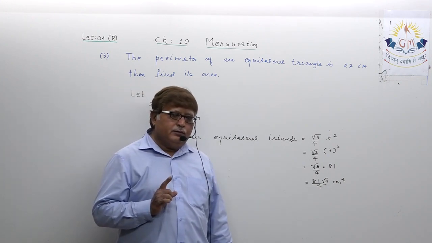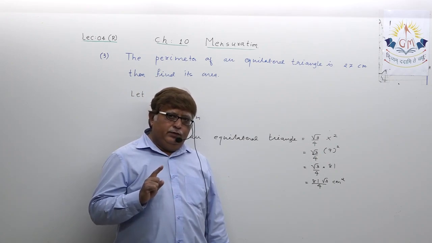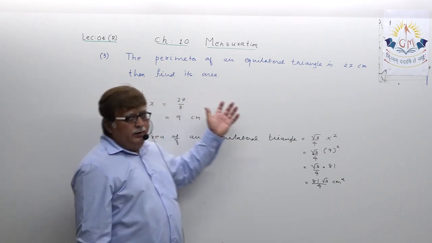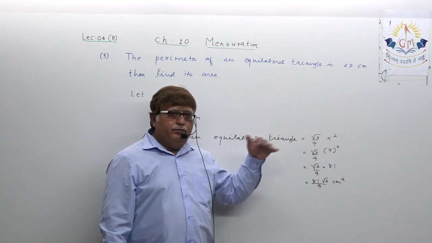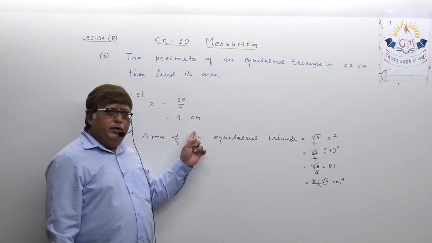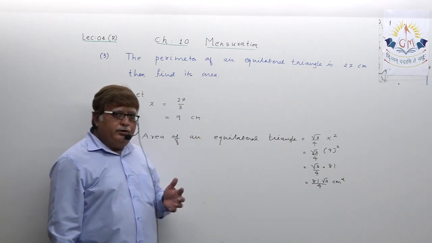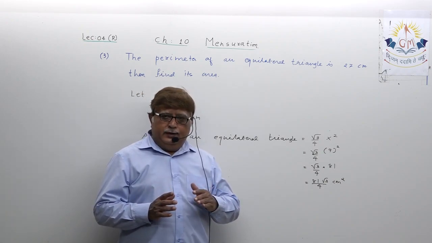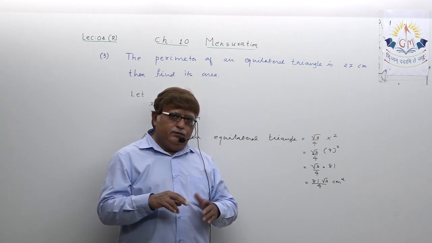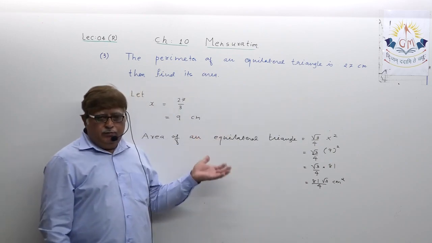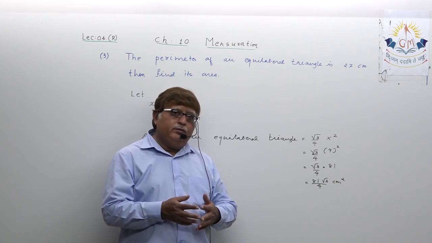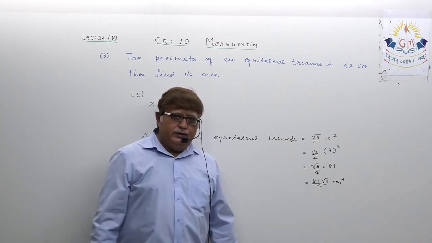After understanding the area of an equilateral triangle, how to find perimeter when area was given, and area when perimeter was given. So you need to concentrate and be alert in both types of example. How to find area from perimeter, this is the example, and previously how to find perimeter from area. Is it clear in your mind, dear students?